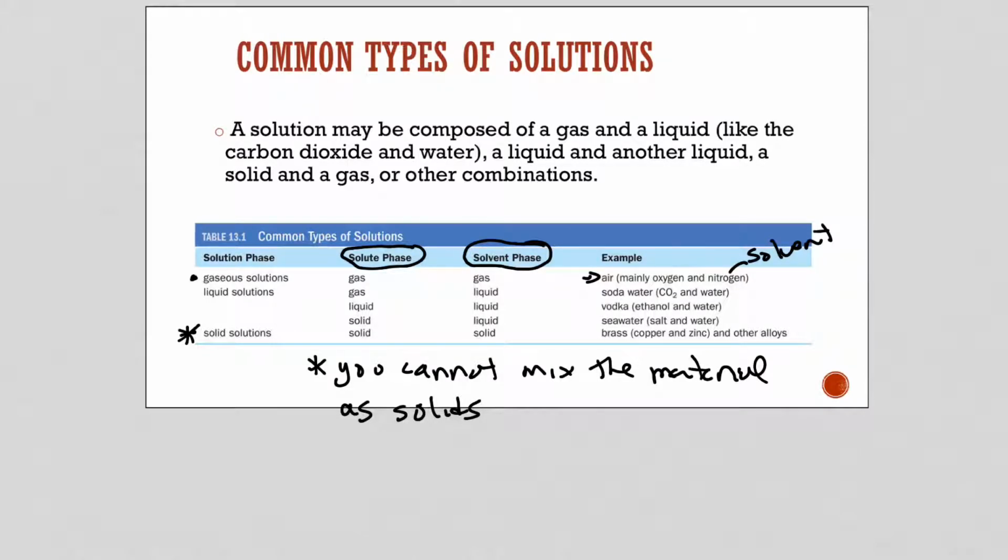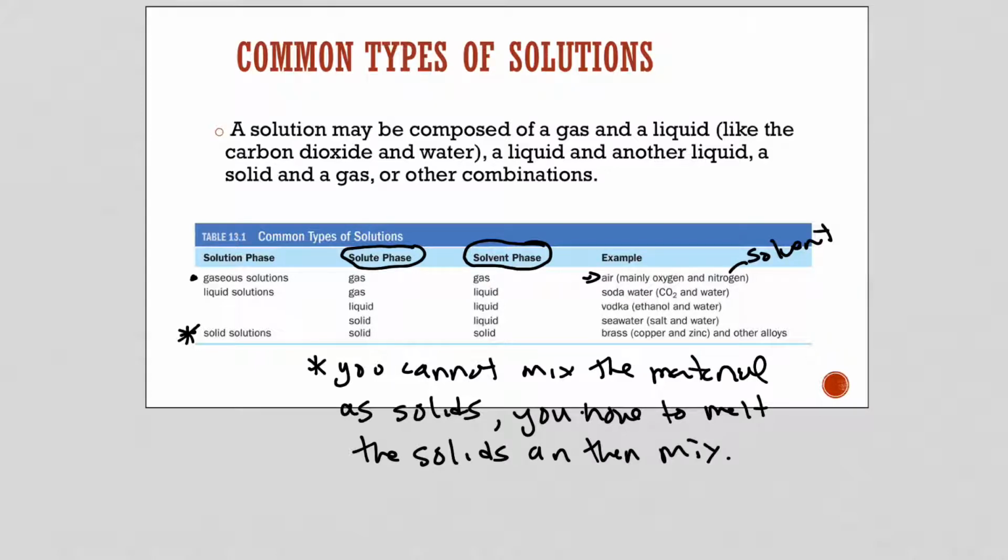Even with grinding, etc. The way that you have to do it is you have to melt the solids and then mix. And this is how we make all of the metal alloys that we think of.